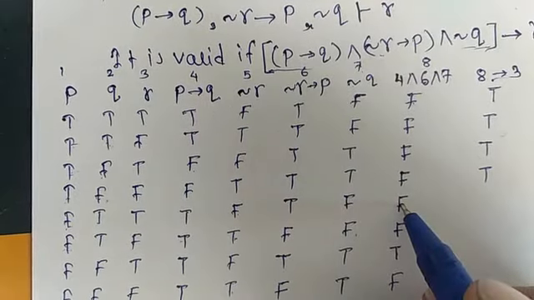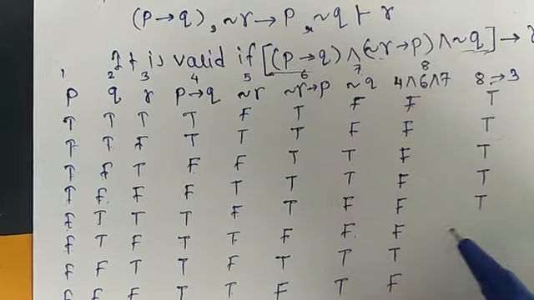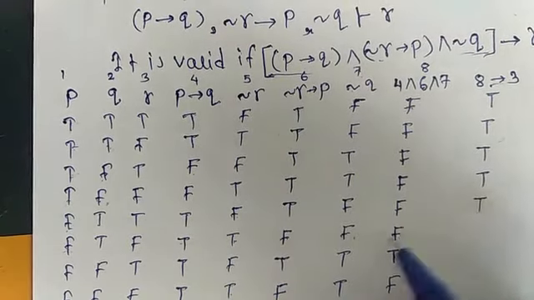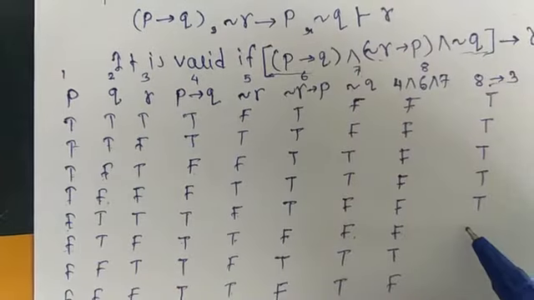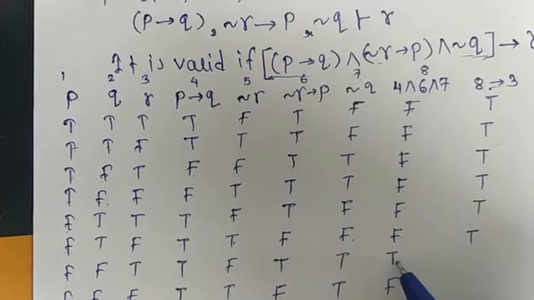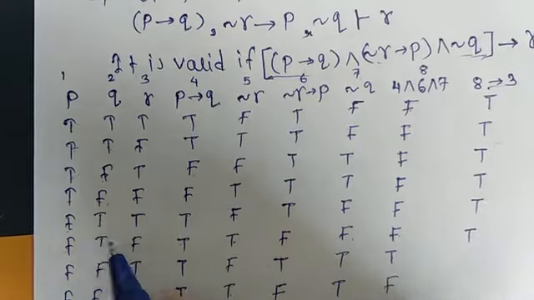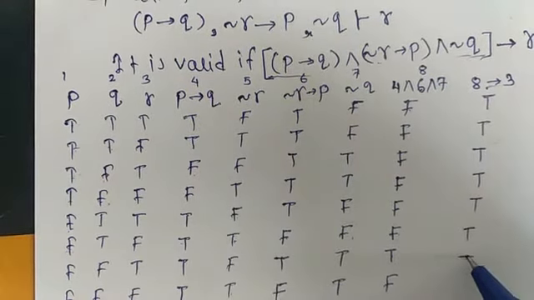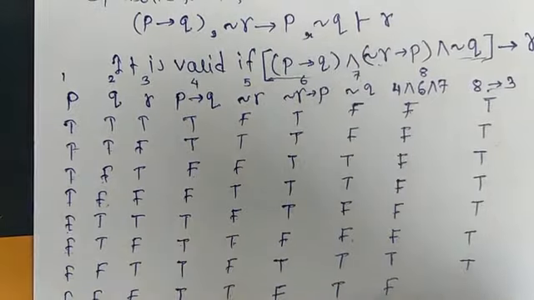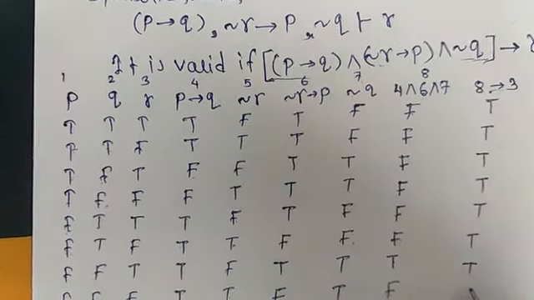Next, false implies false, it is again true. Next, false implies true, it is true. Next, true implies true, again it is true. And for the last, both are false, it is true.